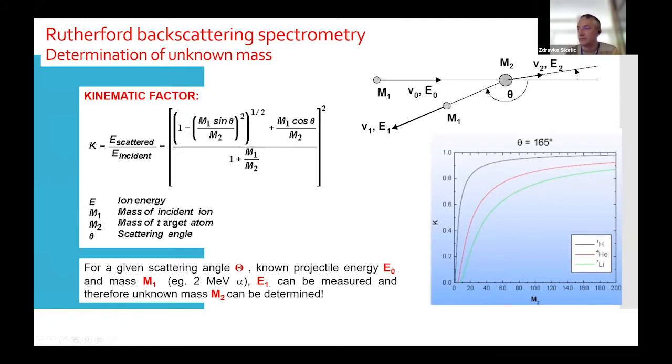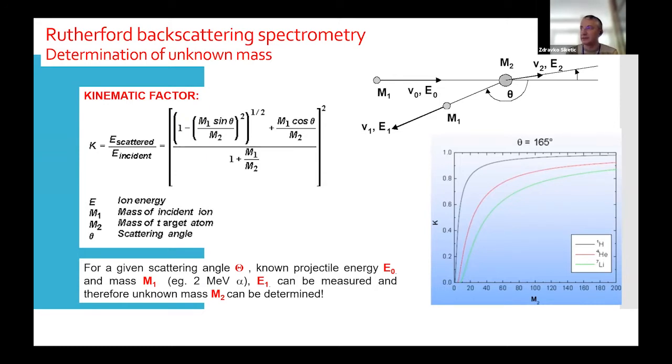So if we know that our detector is positioned at a certain angle, we know the primary ion beam energy, and we know the mass of the primary ion beam, then from the measured energy of the backscattered particle, we can determine the unknown mass inside of the sample. This is how we identify which element we have in the sample.